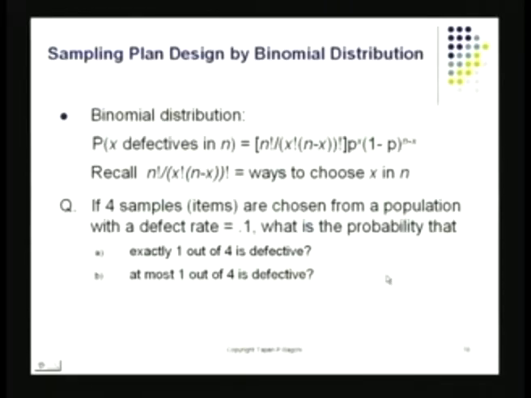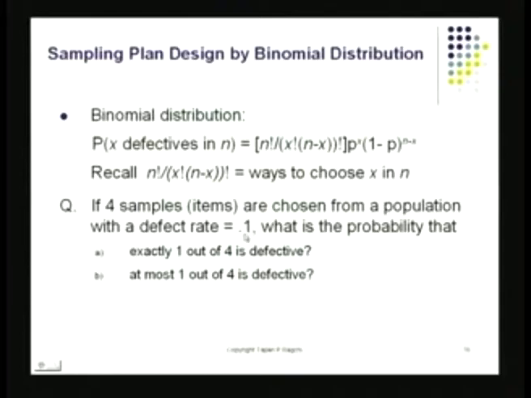Remember, we had the exact formula given by the binomial distribution, with the help of which we could really do this. And there is a little problem here, given as 4 samples, 4 items are chosen from a population that has got a defect rate of 10%. What is the probability that exactly 1 out of 4 would be defective? Now I trust you can do this. This is going to be basically 4 choose 1.